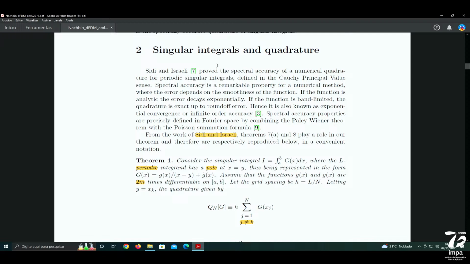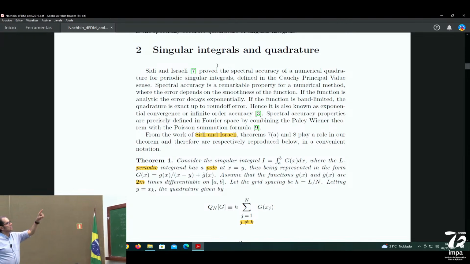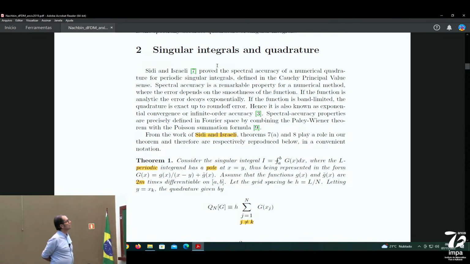So what the theorem says is this, okay? The first theorem of Sidi and Israeli reminds us a little bit of the Krasny way to integrate the singular integral. Remember, you worked on the Krasny and the other one, right? So look at this. They say, consider the singular integral I, Cauchy principal value of capital G of X, where L is the period. Okay, so it's a periodic integral where L is the period, and G has a pole at x equal to y, someplace in the middle of the interval.